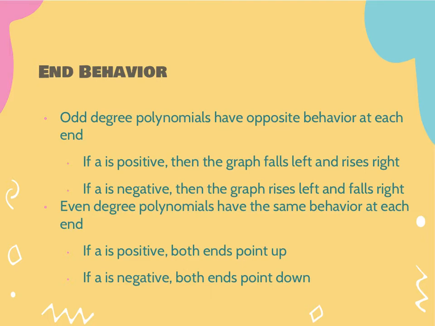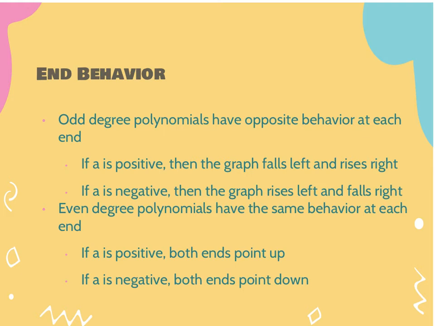So if it's an odd degree, and what I mean by an odd degree is this exponent on the first term is an odd number. So for example, an x to the third power, an x to the fifth, x to the seventh, and so on. Could be any odd exponent. When this occurs, when it's an odd exponent, the polynomial will have opposite behavior at each end.